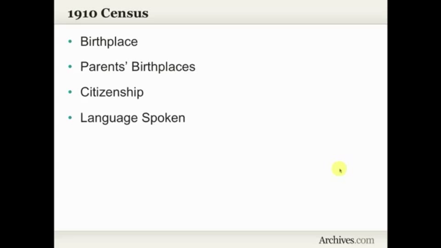We're starting to see in 1900 and by 1910 especially, a change in the demographics of the United States. We're starting to see a lot more people coming in who didn't necessarily speak English. So this was an important question in 1910. So we're starting to see differences in what the government thought was important to keep track of. And that's reflected here in this question about language being spoken.